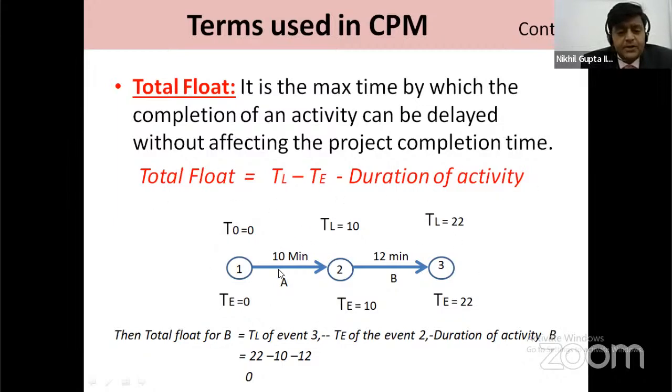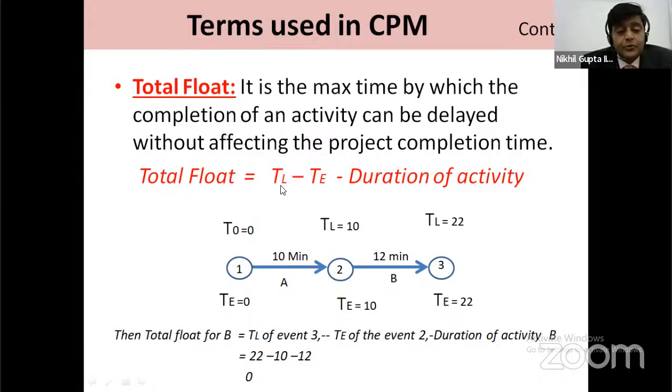This is a simple network in which there are activity A and activity B. Activity A takes 10 minutes, activity B takes 12 minutes. For this event, TE is equal to 0. For the second event, TE is equal to 10. For the end event, TE is equal to 22. Similarly, for the end event, TL is equal to 22. For this event, TL is equal to 10, and for the starting event, TE is equal to 0.